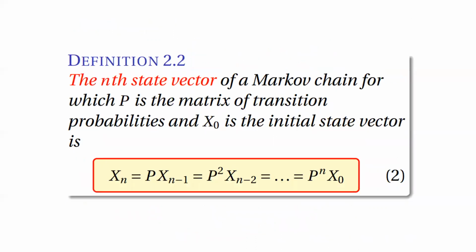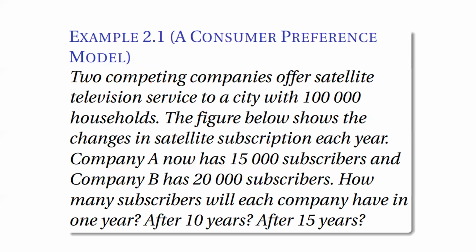The next definition: the n-th state vector of a Markov chain, for which P is the transition probability matrix and x0 is the initial state vector, is xn equals P multiplied by x(n-1), or equals P to the power n multiplied by x0.